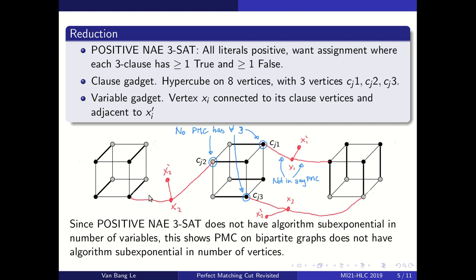Since it is known that positive not-all-equal 3-SAT, unless the exponential time hypothesis fails, does not have an algorithm sub-exponential in the number of variables, this shows that our problem on bipartite graphs, because you can also check that this resulting graph is bipartite, does not have an algorithm sub-exponential in the number of vertices.